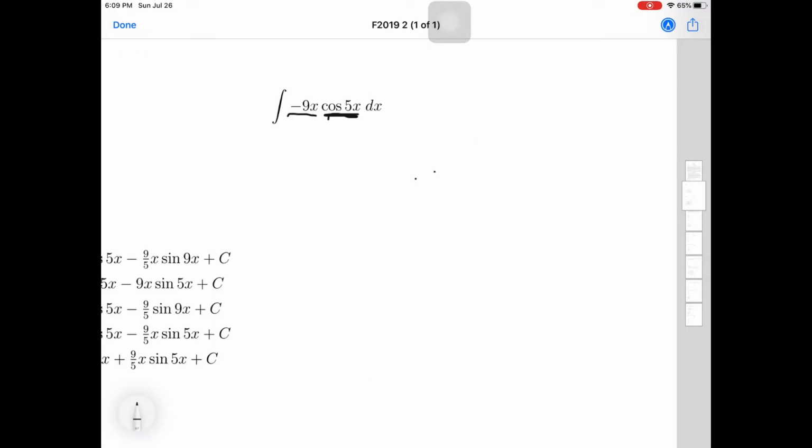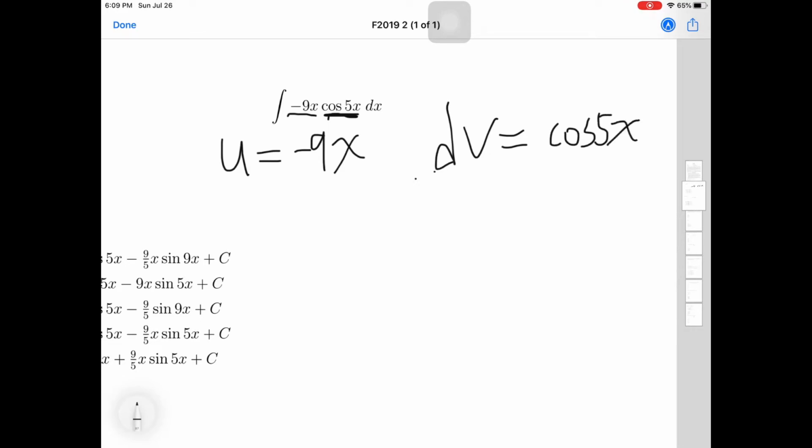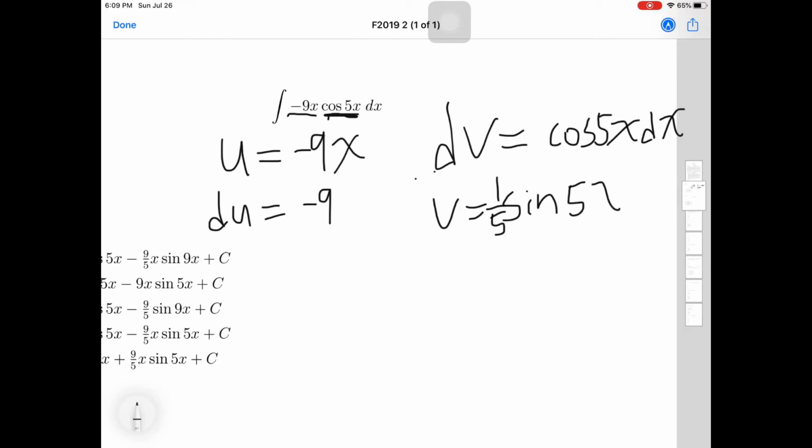And then we can set u equal to negative 9x and dv to be cosine 5x dx, and in that way du would be negative 9 and v we can just integrate this, and that should be just 1/5 sine 5x.